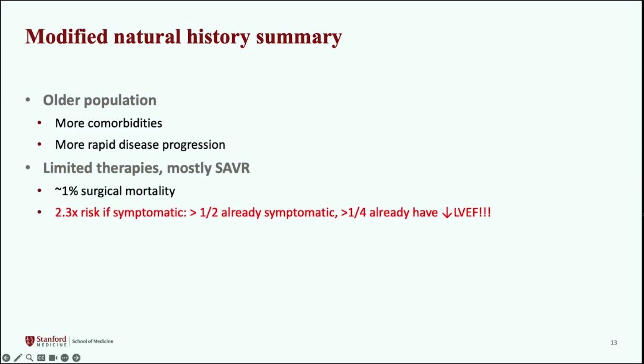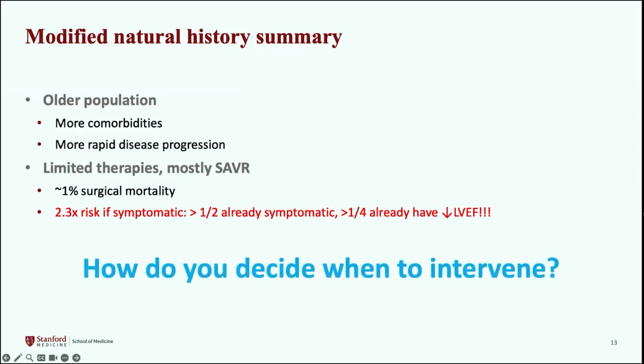But in the patients who are symptomatic, and again, that was over half these patients that had a class 1 indication and were symptomatic, there's a 2.3 times increased risk of mortality after surgery. And so we're sending later when there's a higher risk. And like I said, a quarter of them already had reduced ejection fraction.